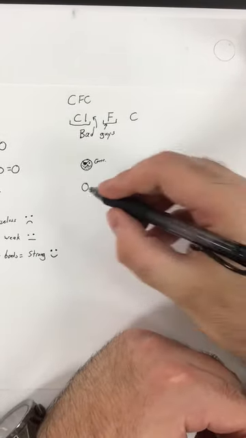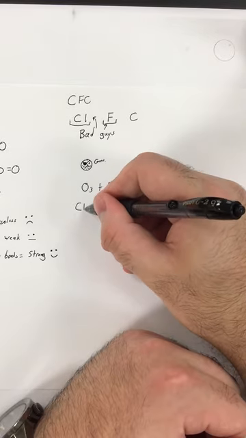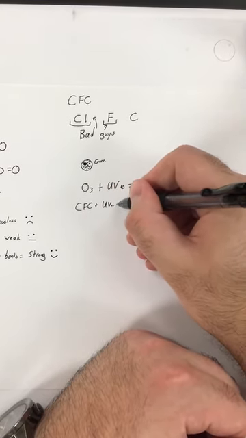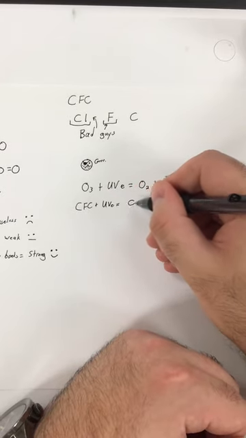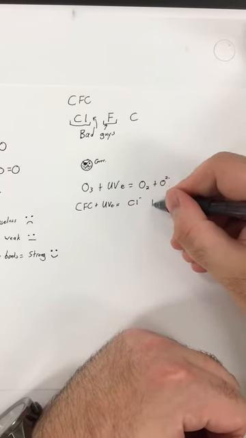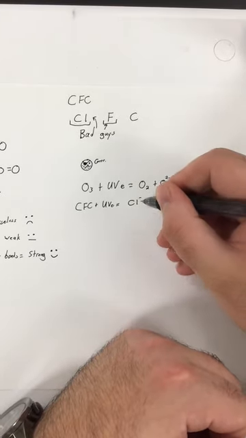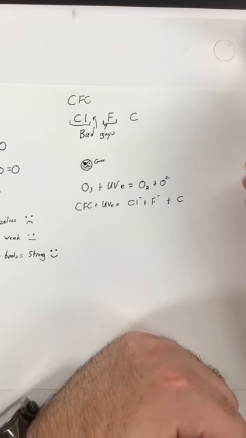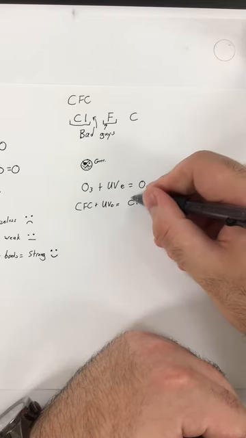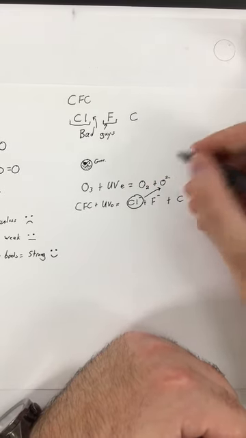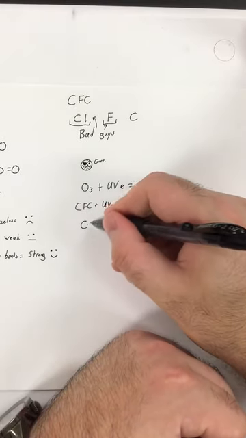CFCs are very weak, so CFCs plus ultraviolet energy break down into a chlorine ion, a fluorine ion, and then carbon. This chlorine will instantly snatch up that oxygen and create a chlorite ion.